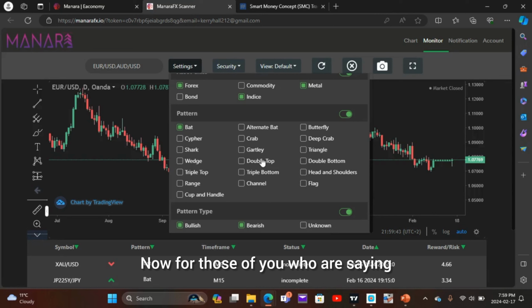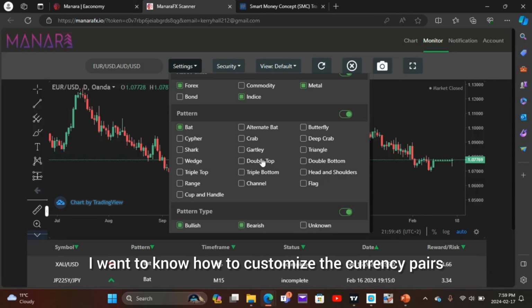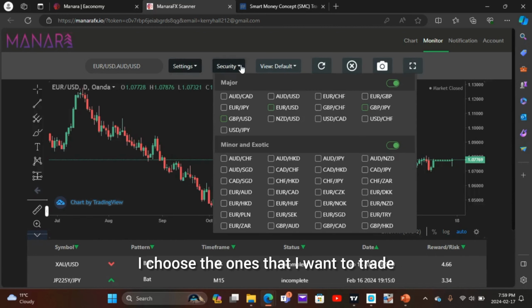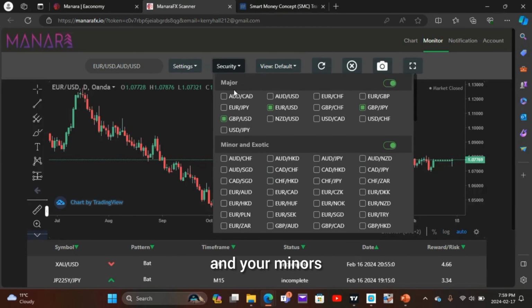Now, for those of you who are asking how to customize the currency pairs, so I choose the ones that I want to trade, all you need to do is go to the section that says security, and this is where you've got your majors and your minors and all the other indices and commodities that you can think of.